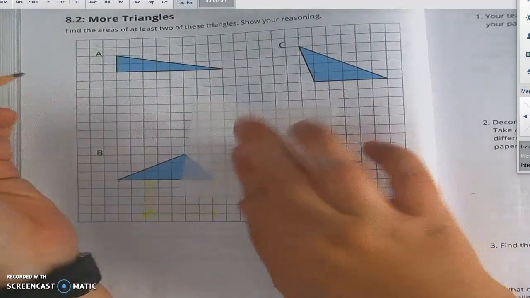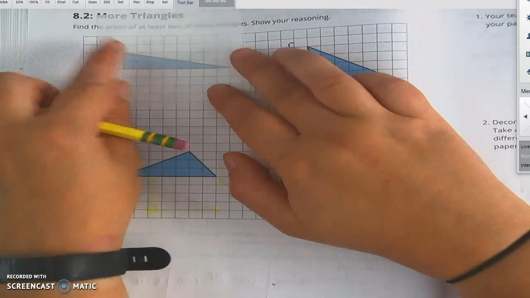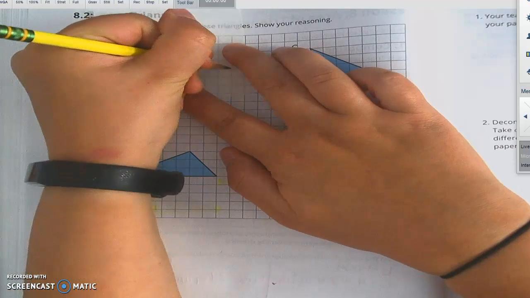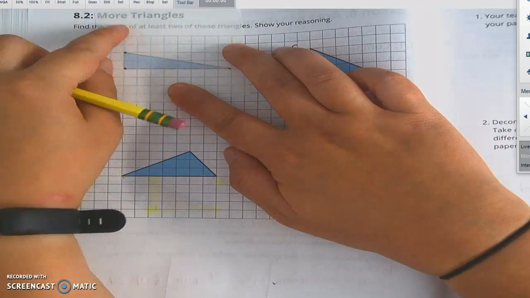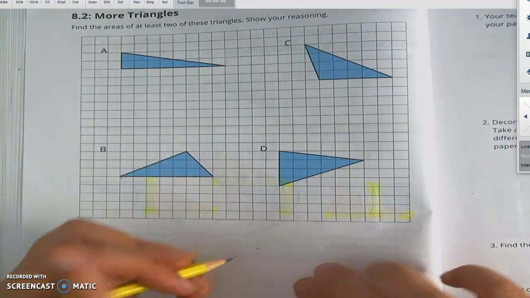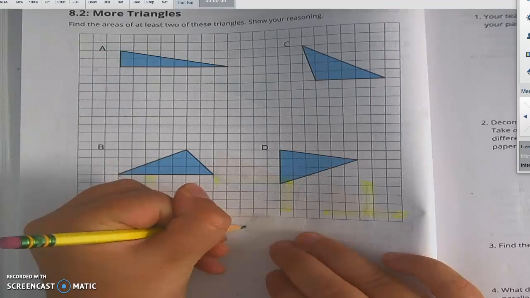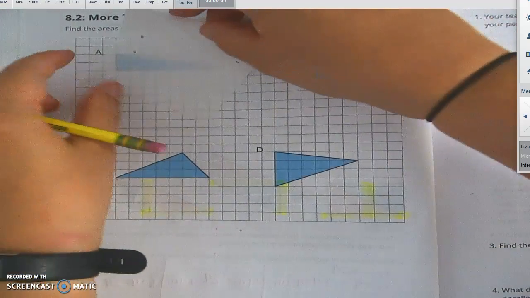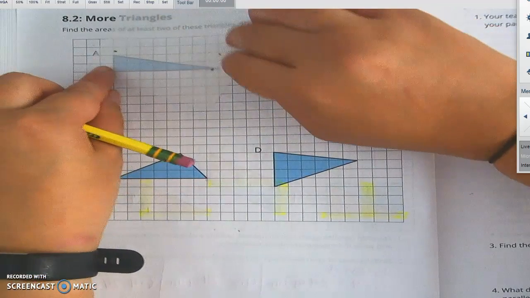Okay. So for A, here are my 3 dots. I'm going to retrace them on the back. Then I just got to figure out which way this goes.